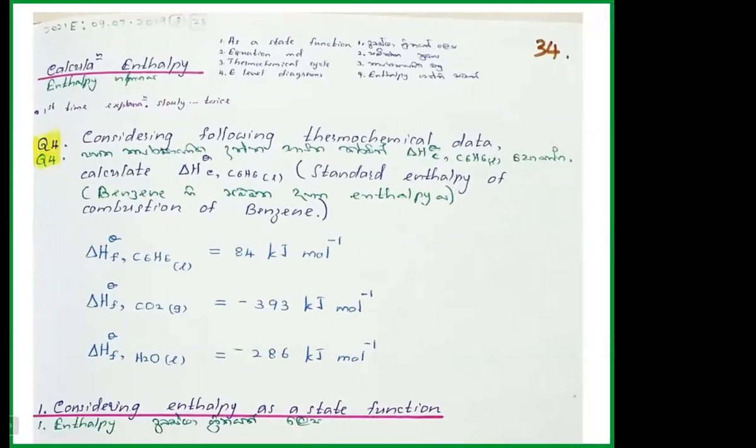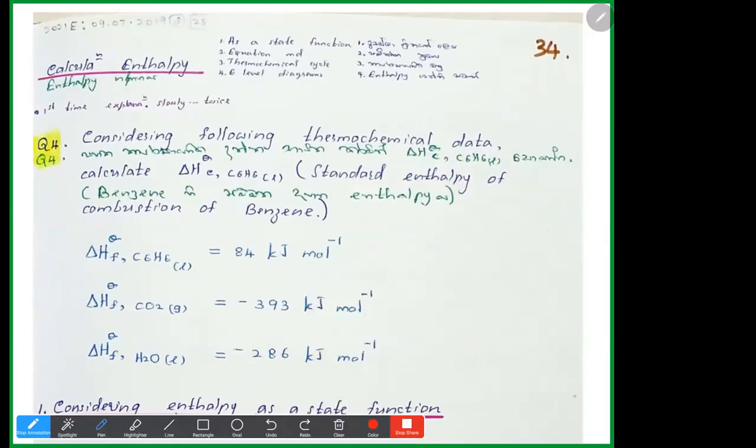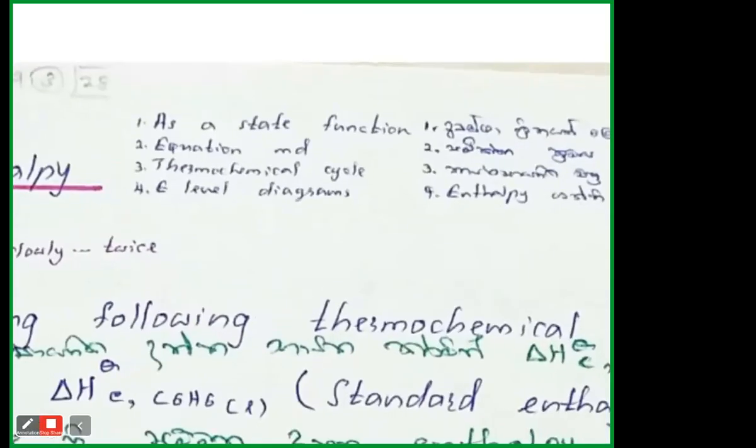You guys all know this. I hope you have all done energetics, whatever the way. So these are the enthalpy calculations. There are 4 different methods. I'm going to do these 4 methods again slowly so that you can understand very nicely. These 4 methods are: state function, equation method, thermochemical cycle, and energy level diagram.